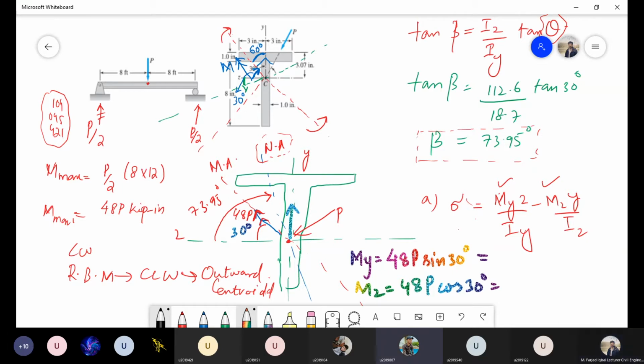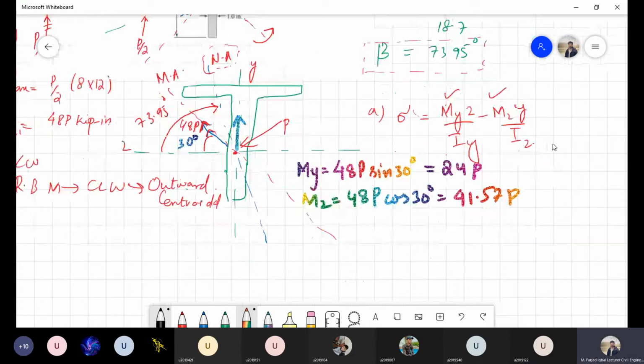my is equal to 24p. So my is equal to 24p and mz is equal to, I guess, 41.57p. Now I have two values of my and mz.